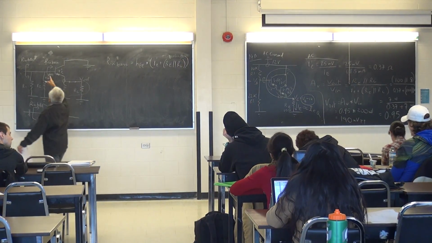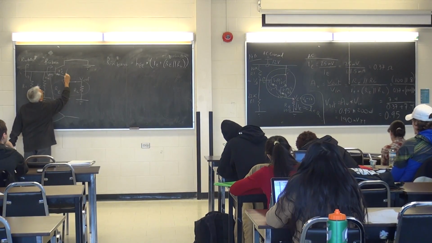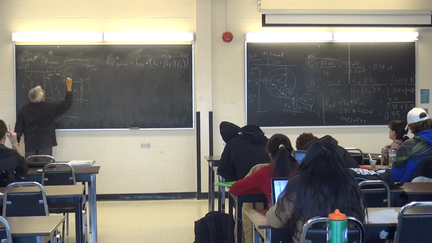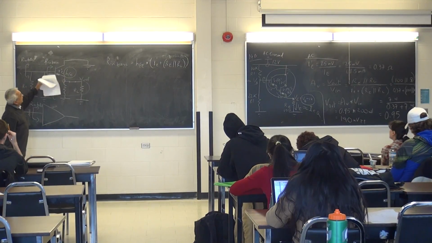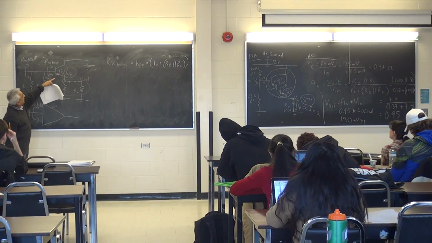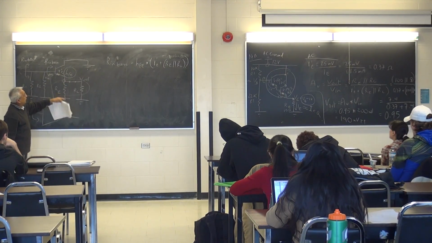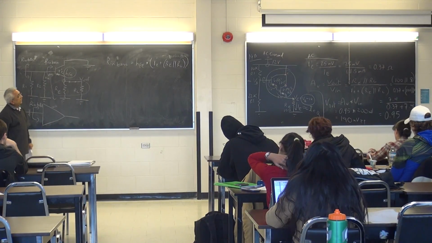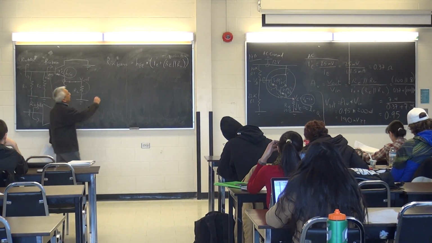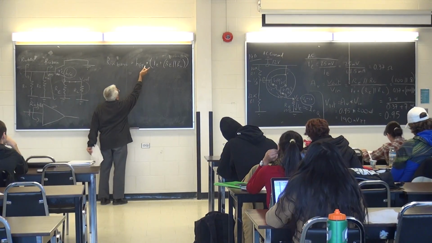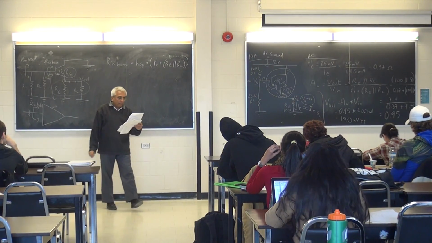So you're standing here, you've got your HFE for your gain, and then that is multiplied by R prime E in parallel with a combination of RE in parallel with RL. HFE is HFE total in my case because it's a Darlington pair.